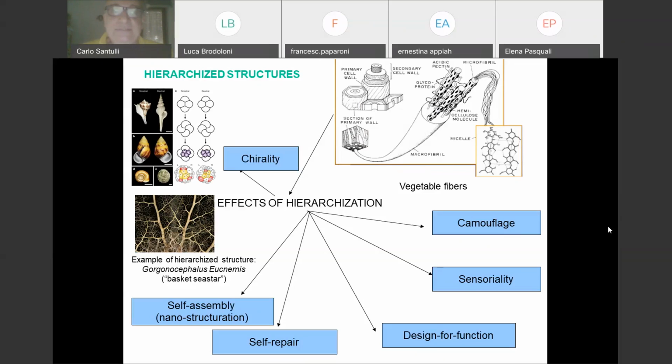But in most cases, we need to apply them as a separate material, possibly gluing them. You can bond, for example, a strain, therefore a deformation sensor to your material. It's not the procedure that nature applies. Nature has the possibility to embed the characteristics of the materials inside it, therefore sensoriality.